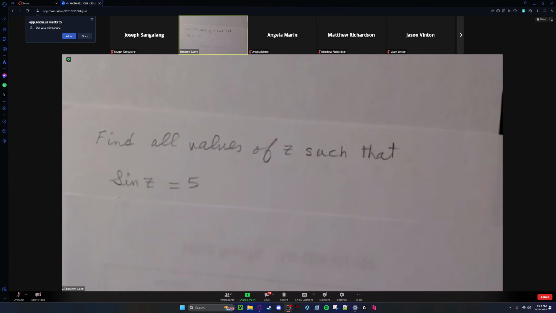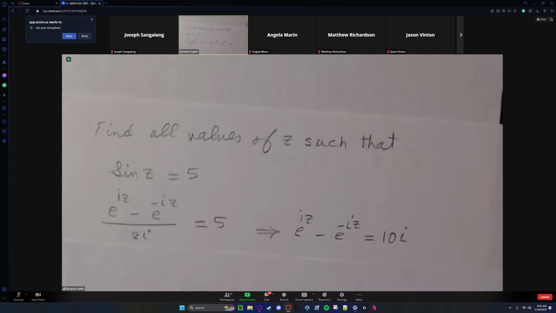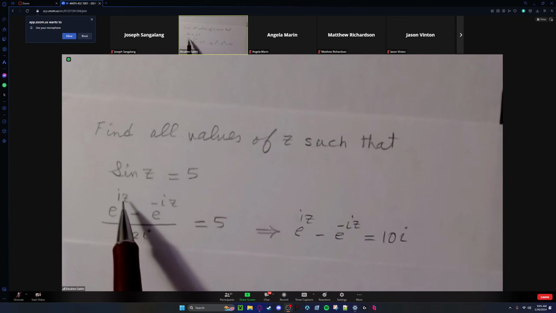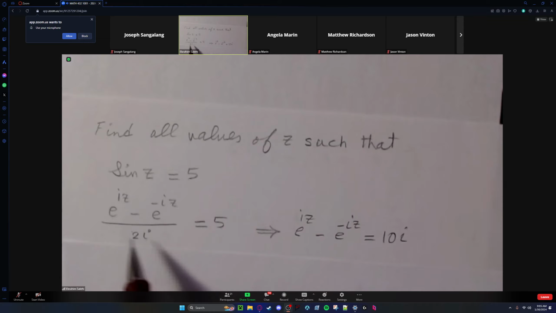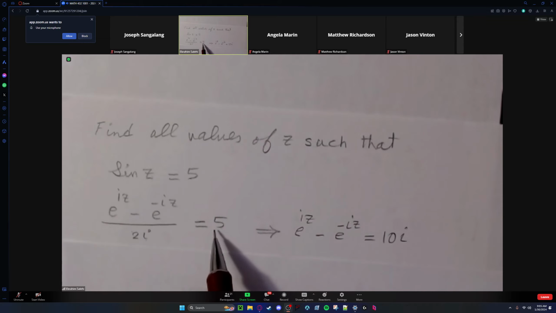Okay, let's do this one. It's a very interesting one. You remember the definition of sine z. This is sine z: e to the iz minus e to the negative iz divided by 2i. We want this to be 5.